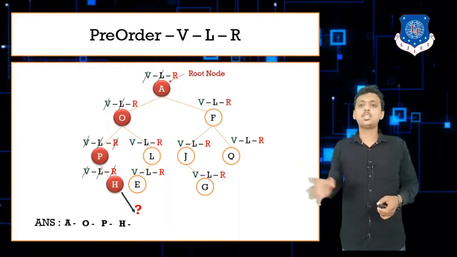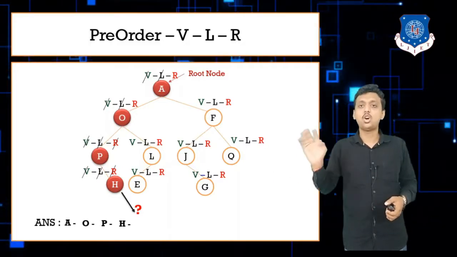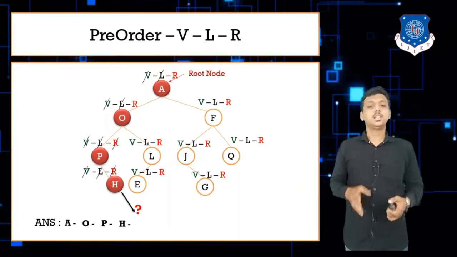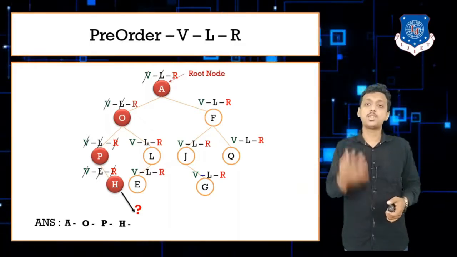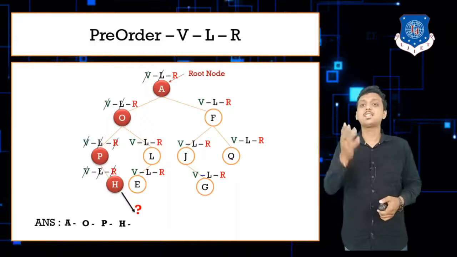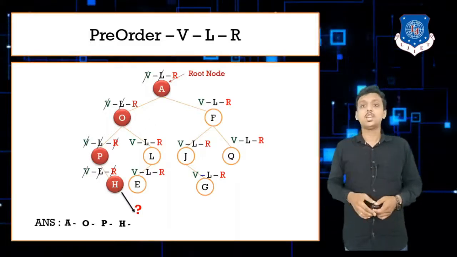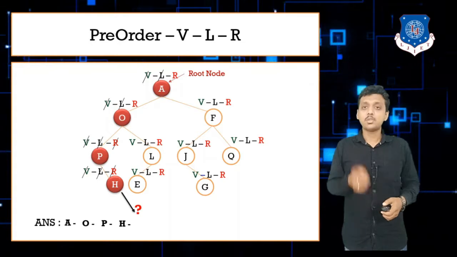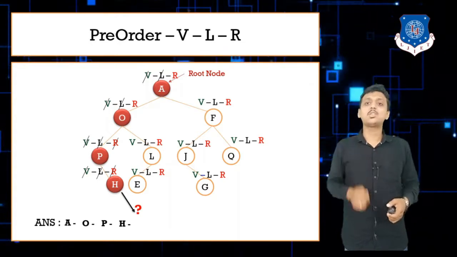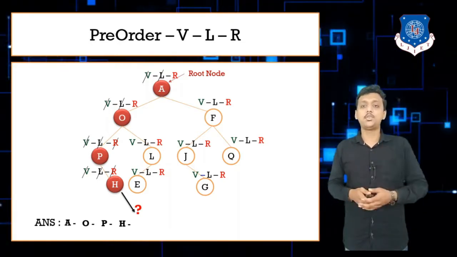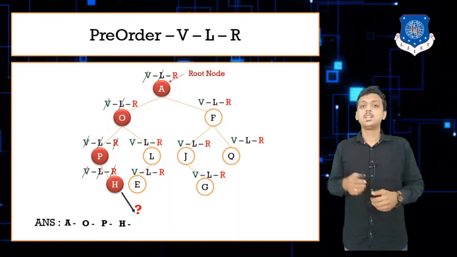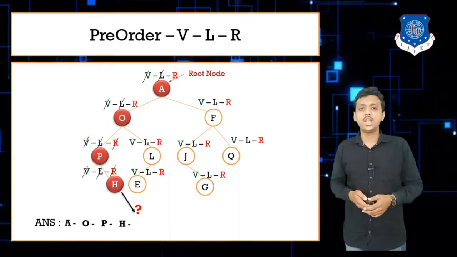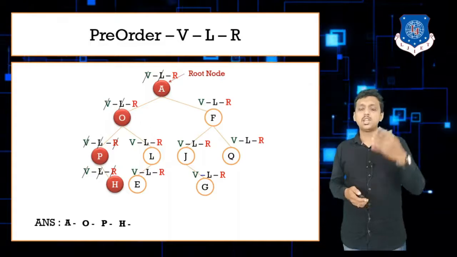All three terminologies are related and the same. So if I ask you the number of children, the answer is the same; if I ask for the number of subtrees, it must be the same as the degree. Take a pen and note down in your notebook that the number of subtrees is equal to the number of children, which is equal to the degree of a node. So there is no right subtree or right child for node H. Let's move further.